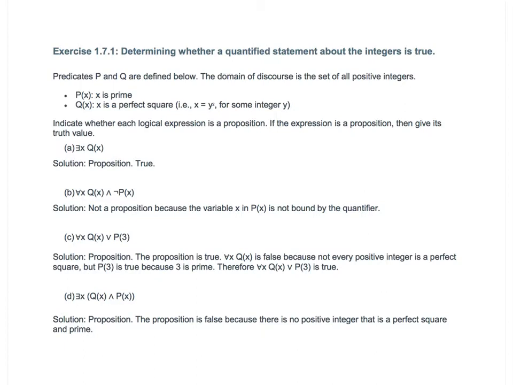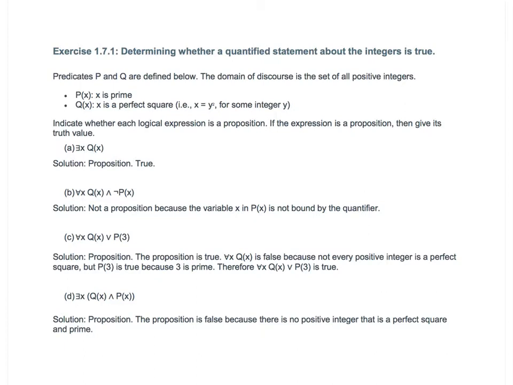Part B says "for every X, Q of X and not P of X." Notice here that the conjunction that you see in part B is a conjunction between the whole quantified statement on the left and not P of X on the right.